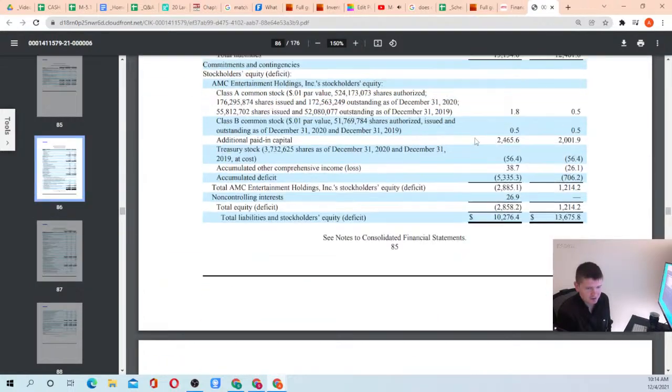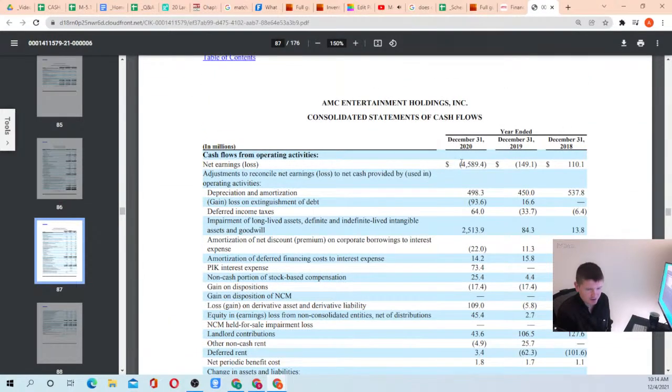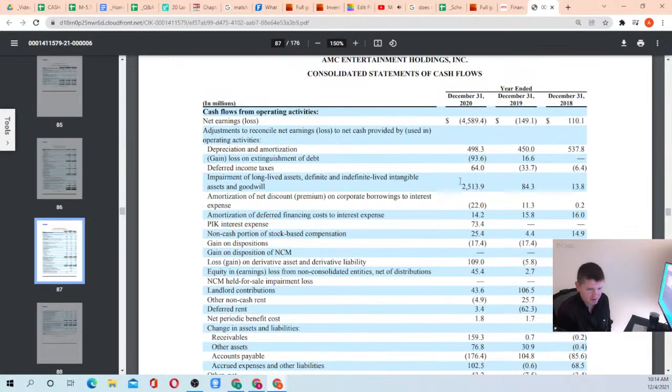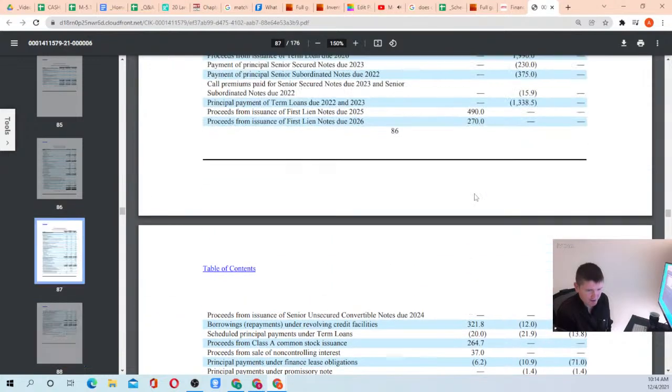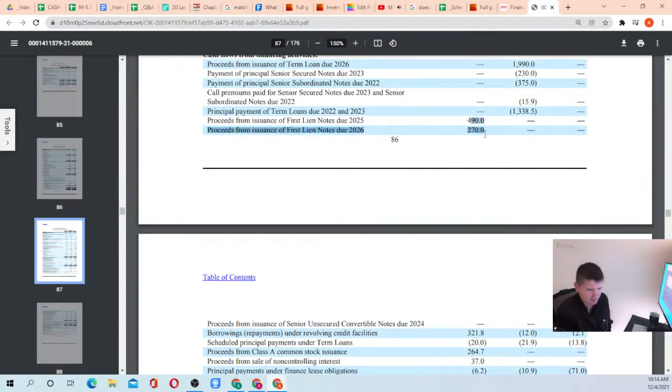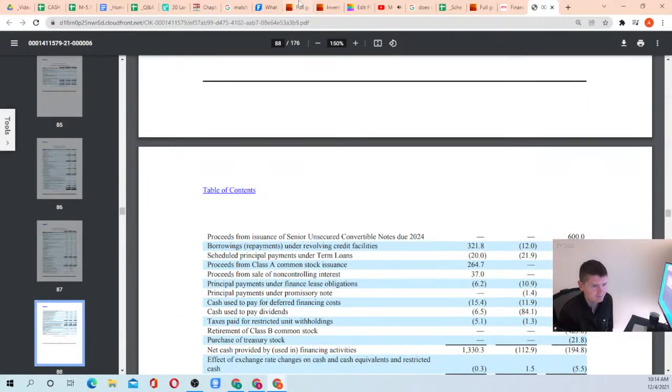Despite their huge losses, 5 billion in losses, they were able to pay the bills because some of those losses were non-cash losses. They also have non-cash depreciation and all of this stuff. And they also managed to get some financing cash inflows from borrowings.